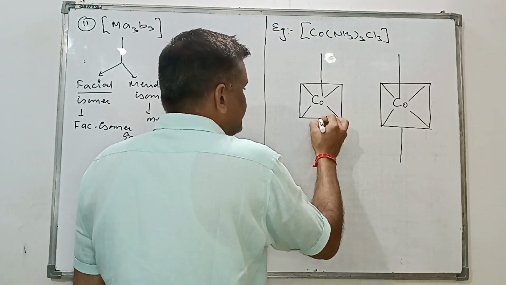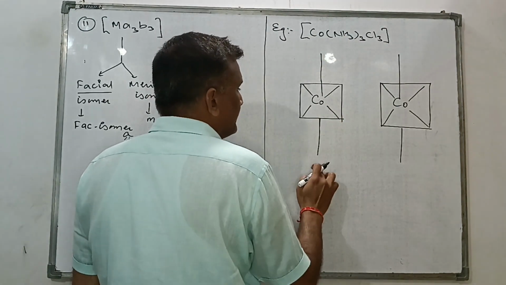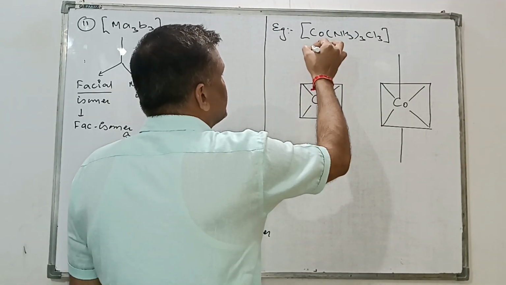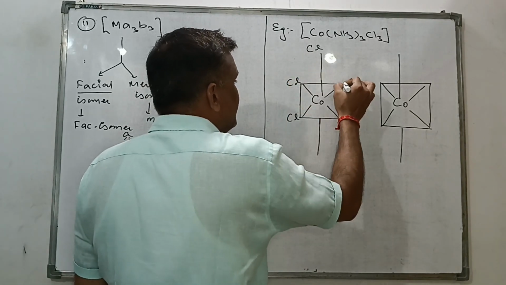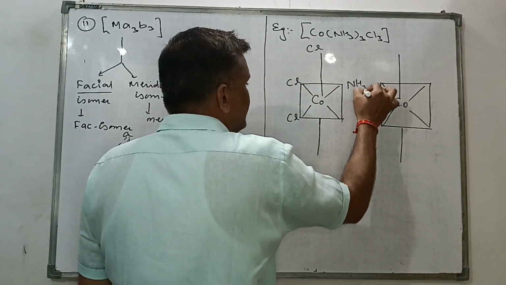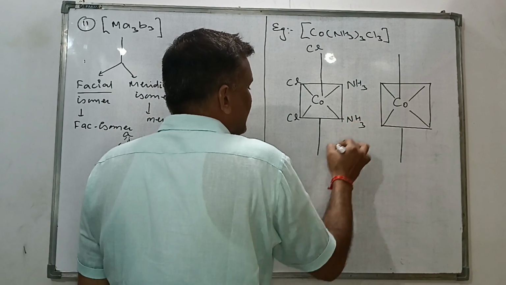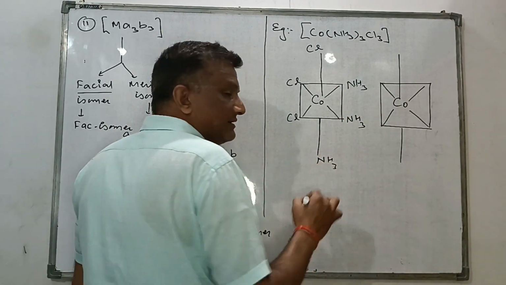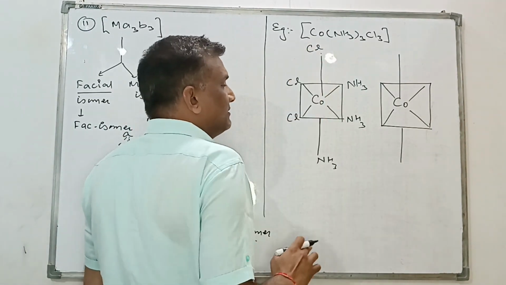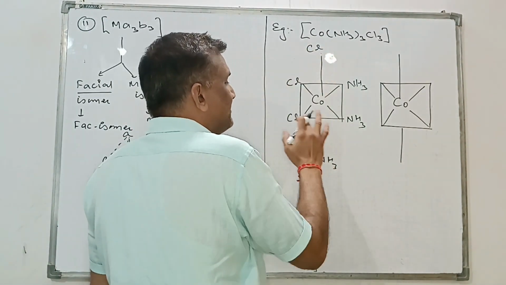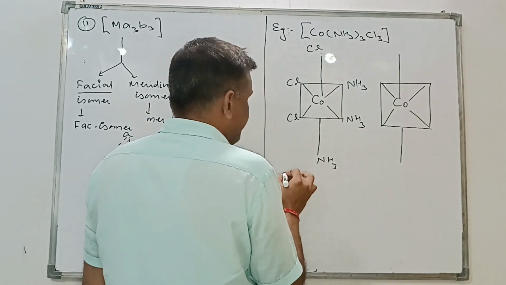This should be totally straight from here, not to be here. So this is the Cl, Cl and Cl. You can keep NH3, NH3 and NH3. These three NH3 may be over here, 1, 2 and 3. Both are same, and these three Cl may be over here. So this is the fac isomer.